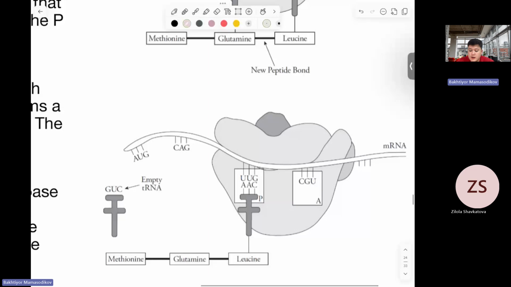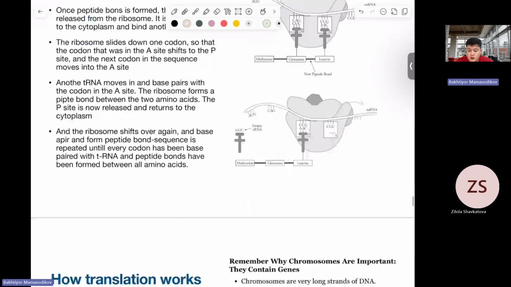As the ribosome moves in this direction, this amino acid will be in the P site, and they are going to be left by making one peptide bond, okay? So codons and anticodons should also match together.